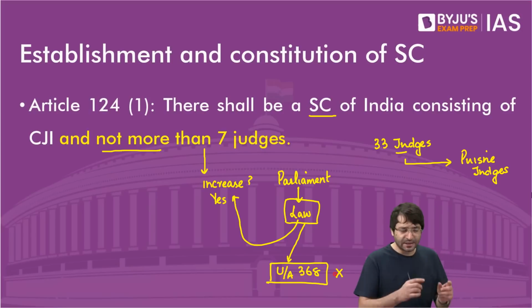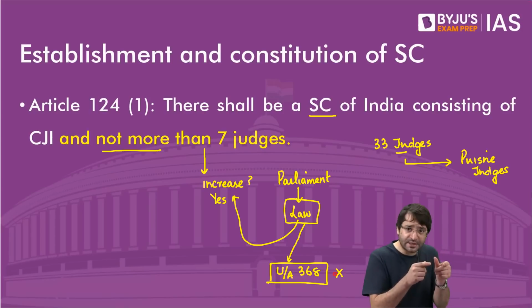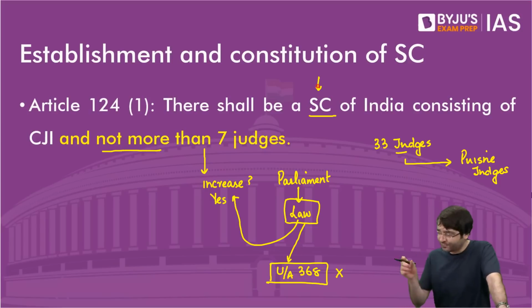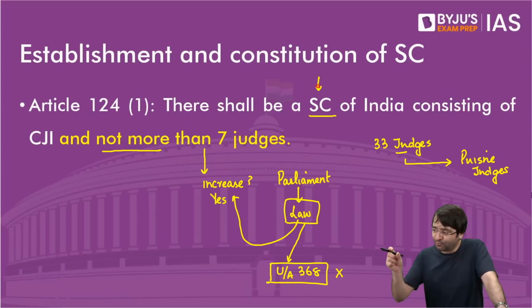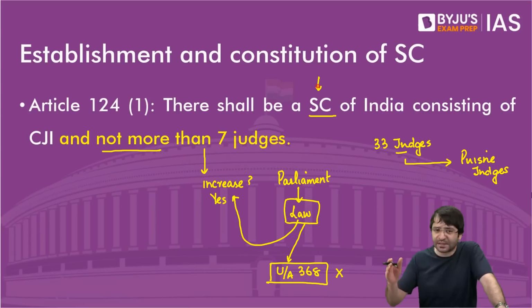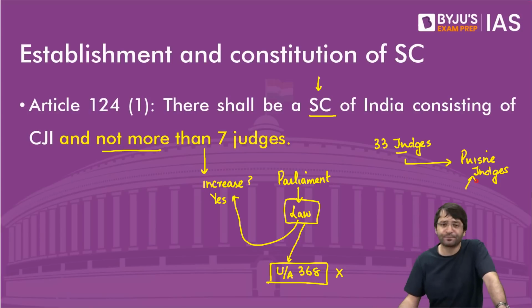What does that mean? If the Constitution says there shall be a Supreme Court of India consisting of the Chief Justice of India and not more than 7 judges, can we increase the number of judges? Yes. Have we increased the number of judges? Yes, multiple times in the past. The current structure is the Chief Justice of India and not more than 33 other judges, known as puisne judges.